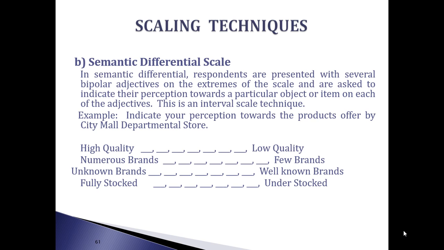This is an interval scale technique. For example, indicate your perception towards the products offered by City Mall departmental store: high quality to low quality, numerous brands to few brands, unknown brands to well-known brands, fully stocked to understocked.